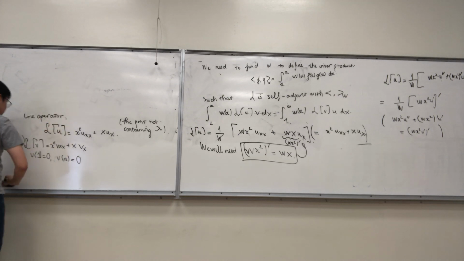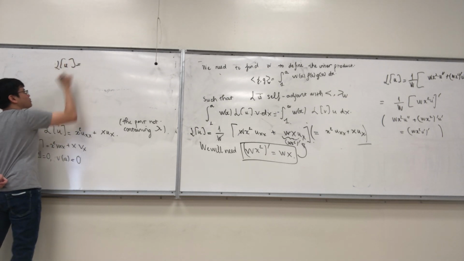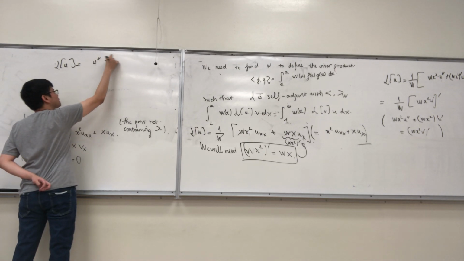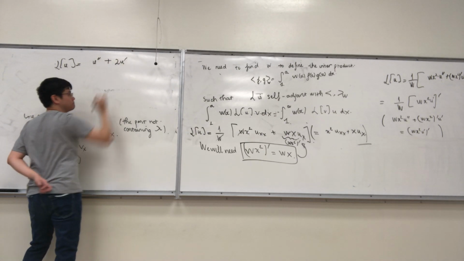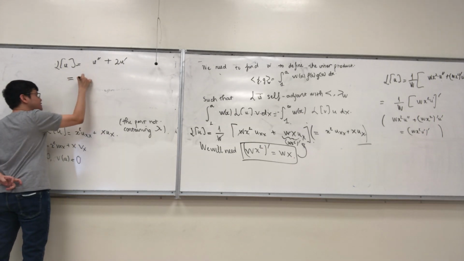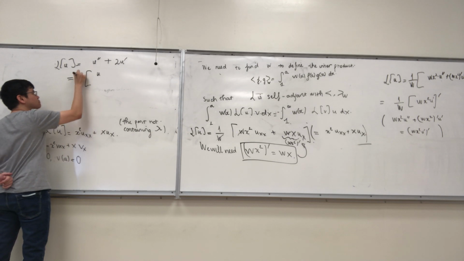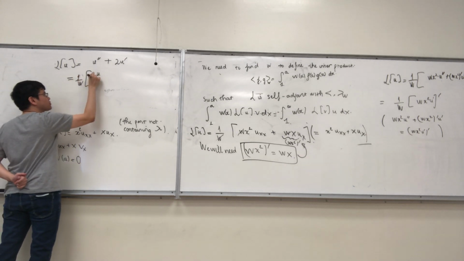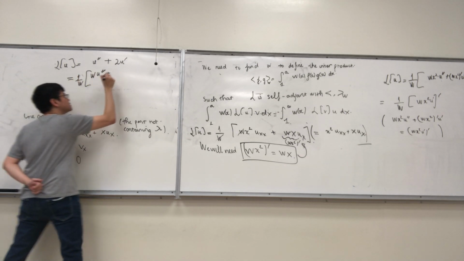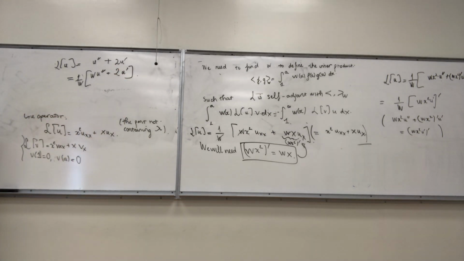We consider this example: Lu will be u second plus 2u prime. All right? So this is written like W, 1 over W, times W u second plus 2u prime.